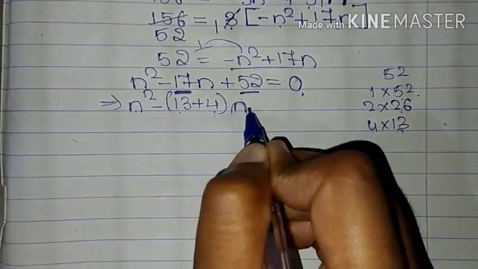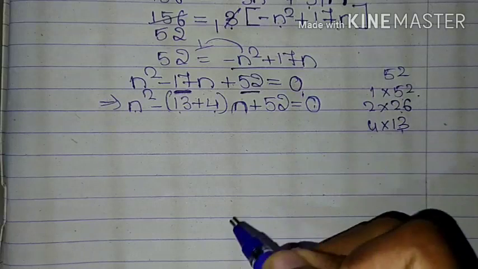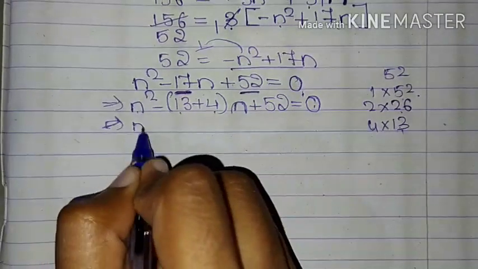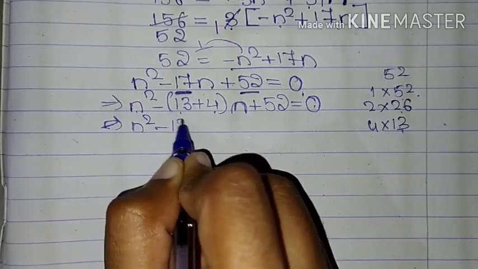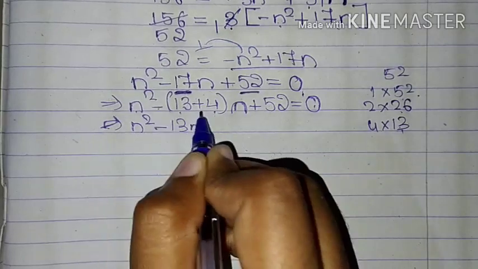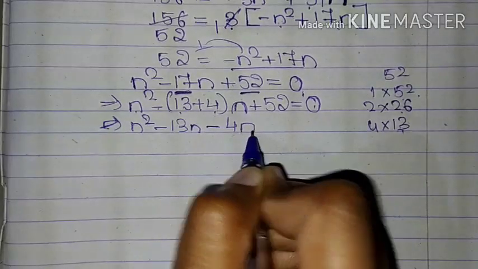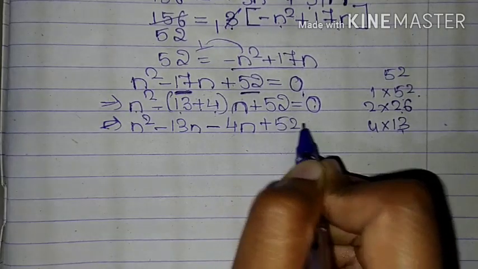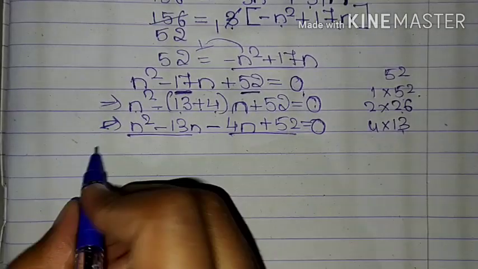So now let us open the brackets: n square minus 13n minus 4n plus 52 is equal to 0.